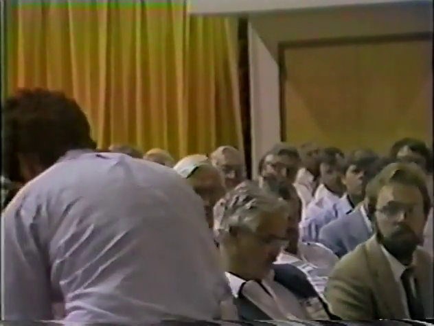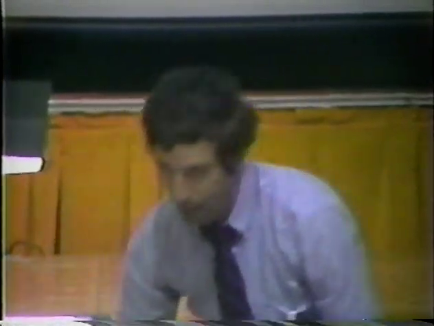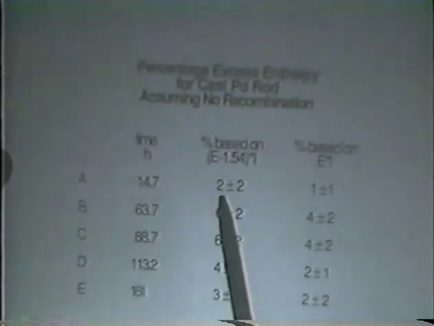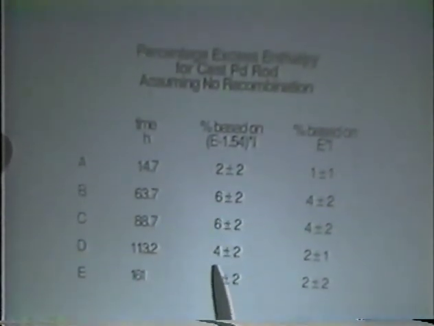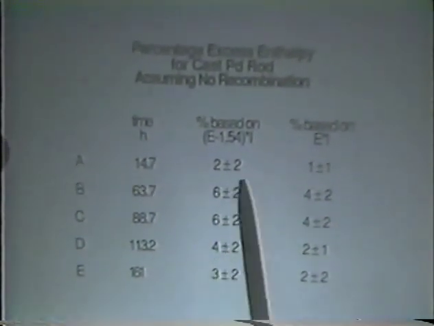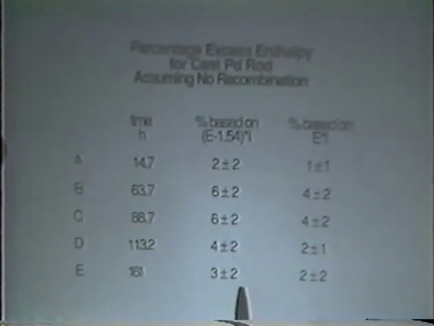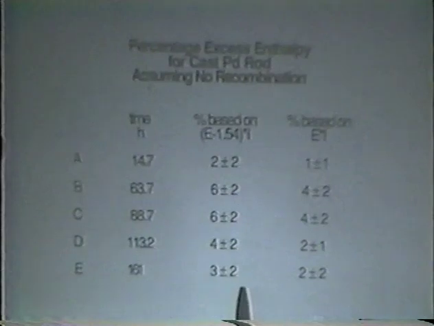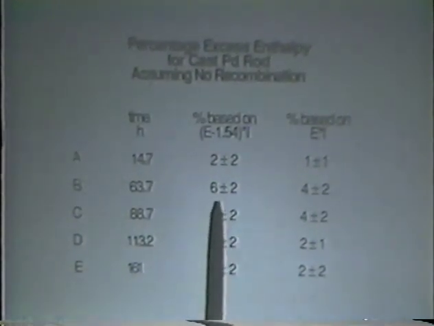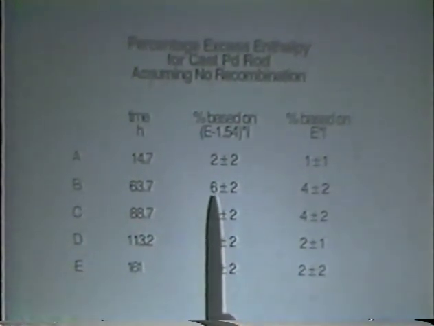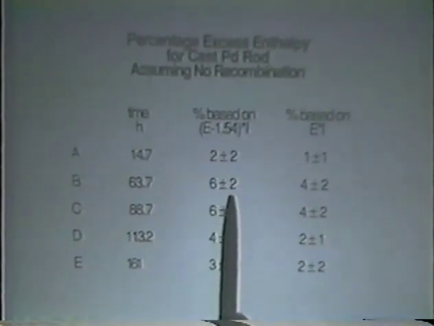Well, here's a better summary for this particular run. These are the excess heats, excess powers relative to what we believe a reasonable estimate of our errors are in that measurement. And so we would say that we had at most 6% excess power, plus or minus 2%.